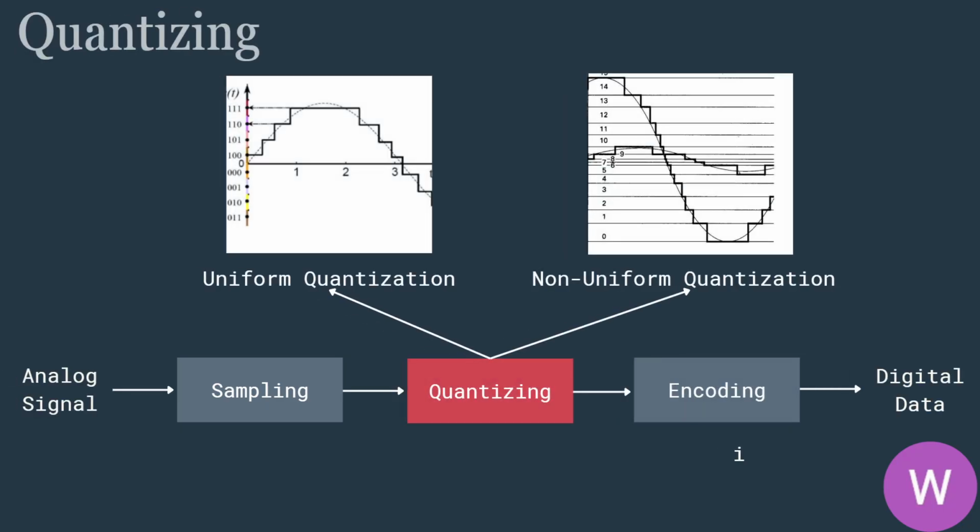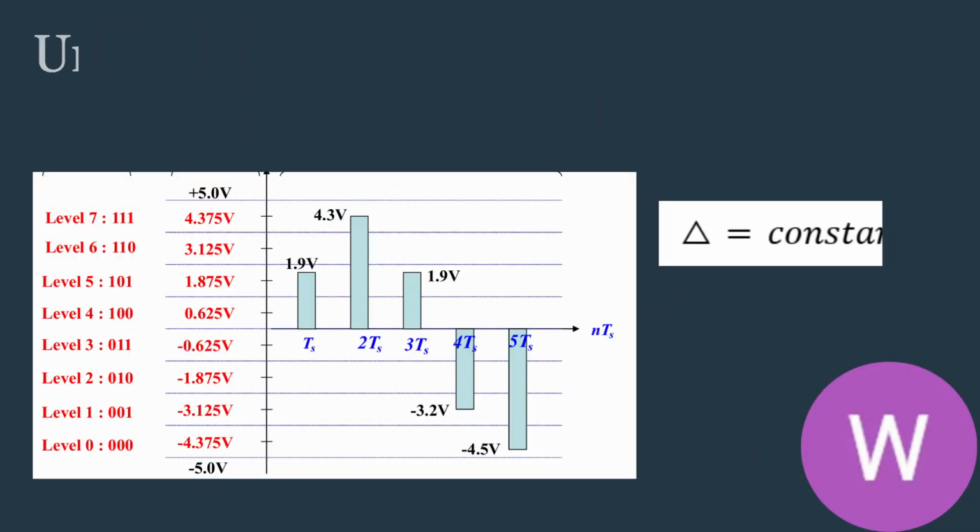So just now we discussed the quantizing process, with all three terms: quantization level L, quantization interval, and quantization value. In the actual quantizing process, there are two types of process: uniform quantization and non-uniform quantization.